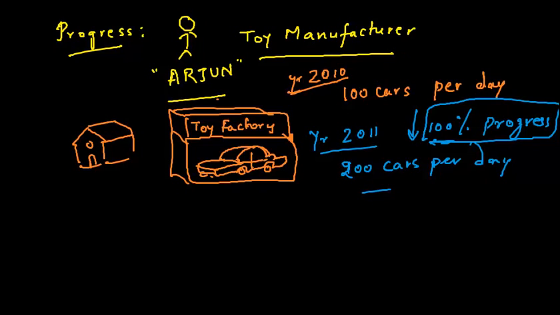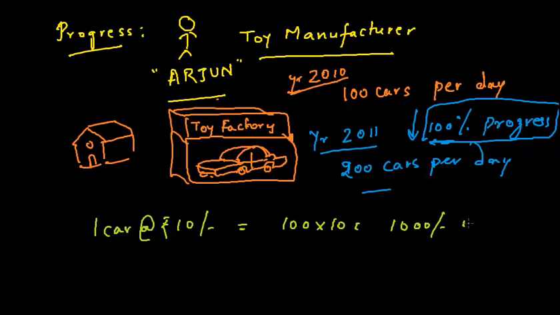Or the other method he could apply is, he may say, I was selling one car at the rate of, let's say, 10 rupees. So I was earning 100 into 10 equals 1000 in the year 2010.